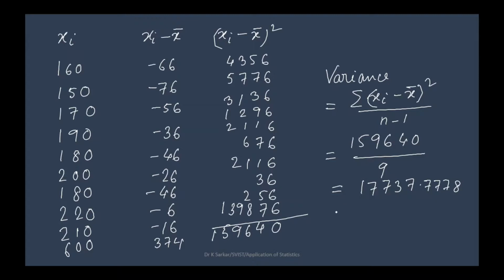Now the standard deviation sigma is the square root of variance. So the square root of 17737 is 133.180. So approximately 133 is the standard deviation.